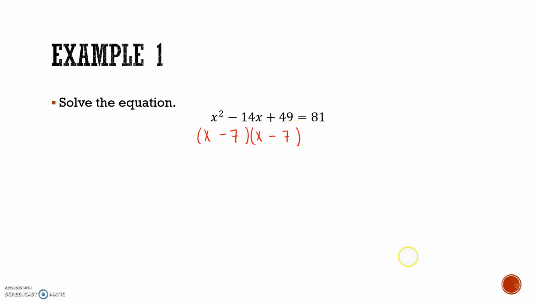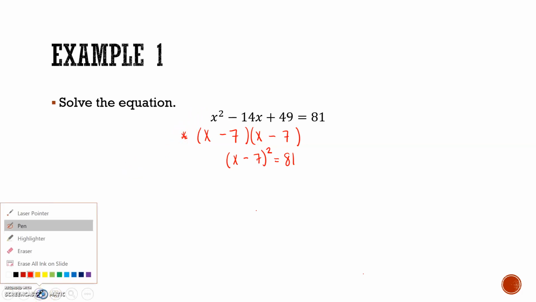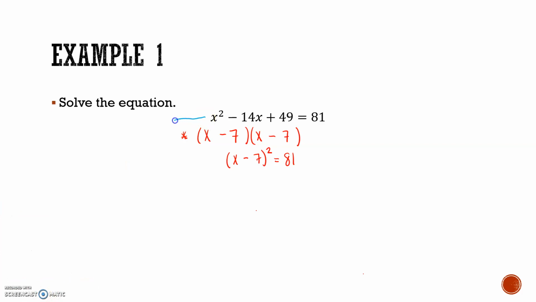But we know, hopefully, that if it's a perfect square, I can go x and 7, and then whatever this sign is, quantity squared. It's the same thing, equal to 81. If you want to do this step, it's okay, but I'm hoping that we'll be able to just eliminate that step altogether and jump straight from here down to here.